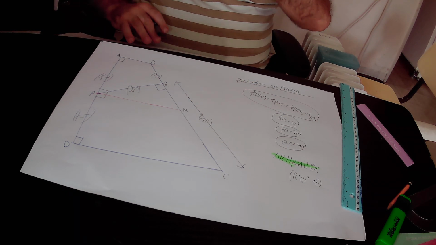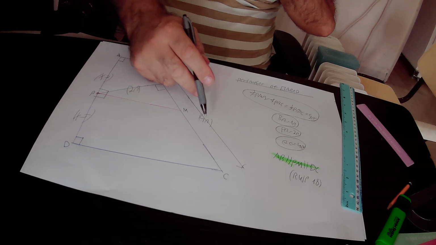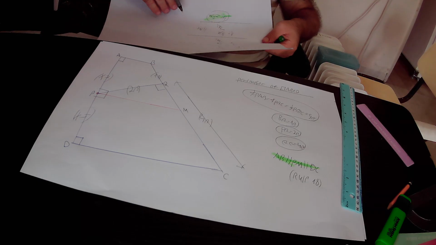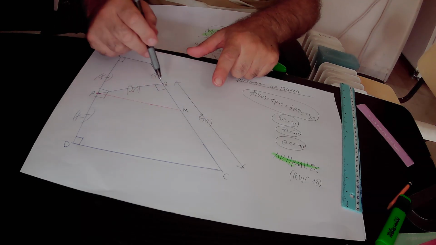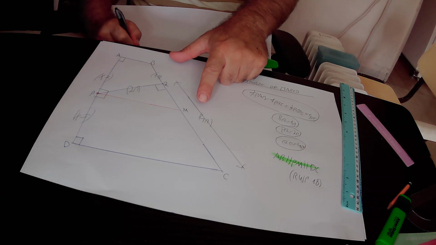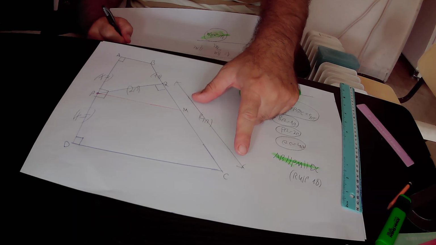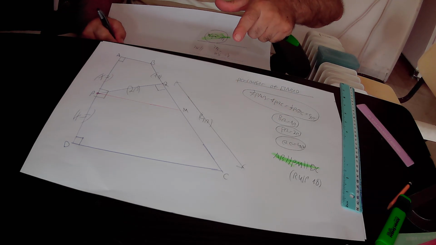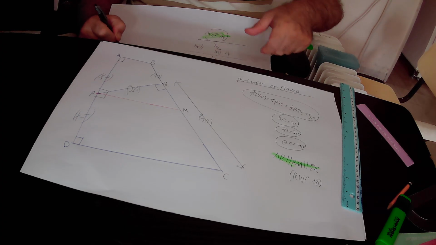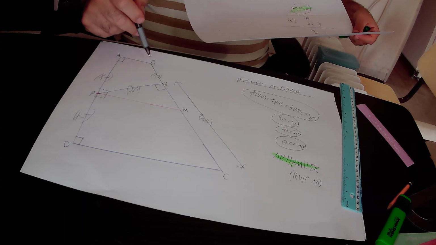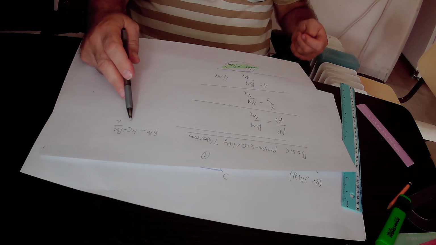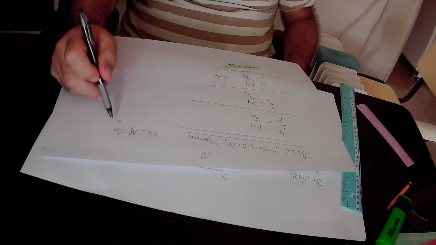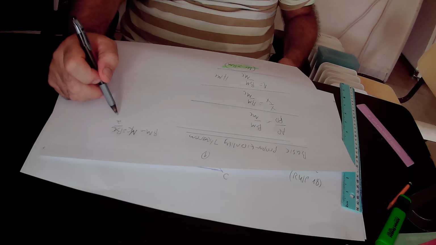The first half is BM, and this equals the second half MC, and each half must be equal to BC over 2, because BC has been bisected into two halves.